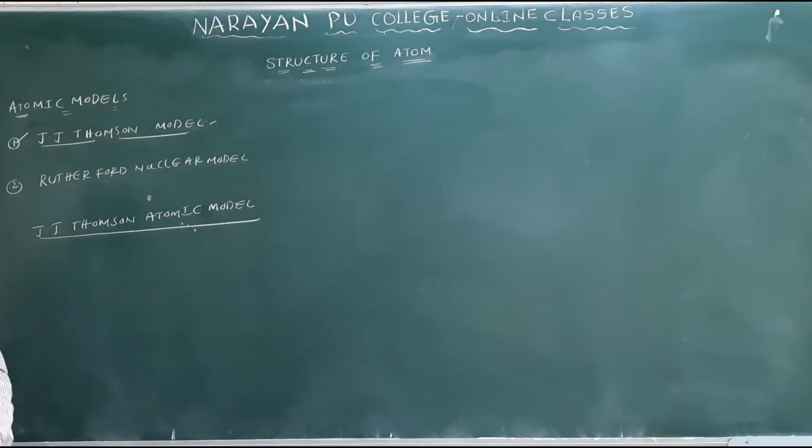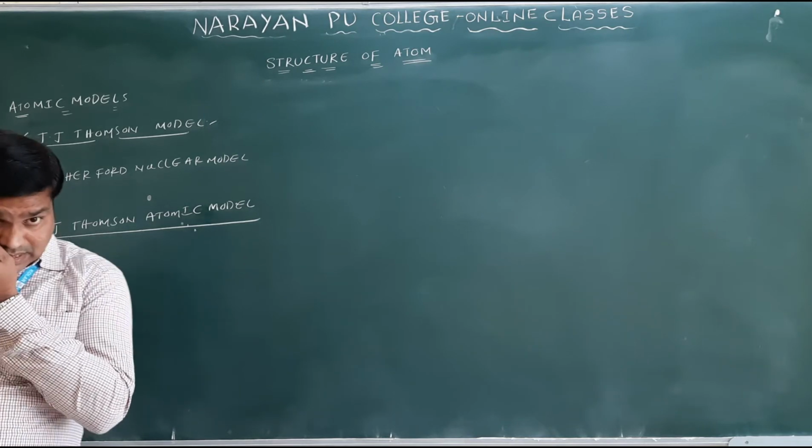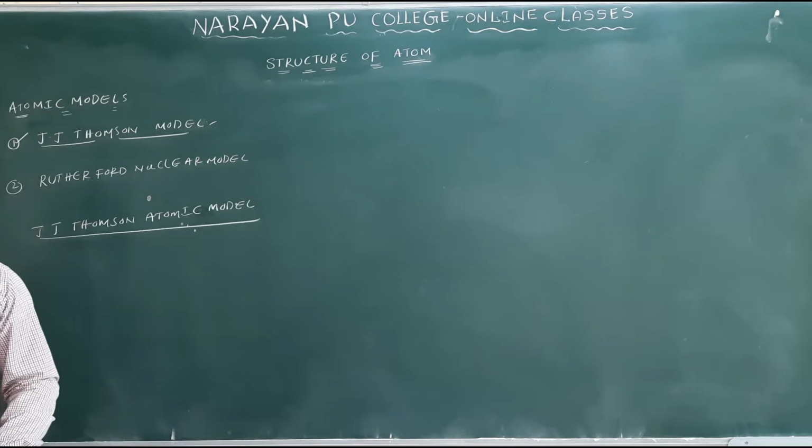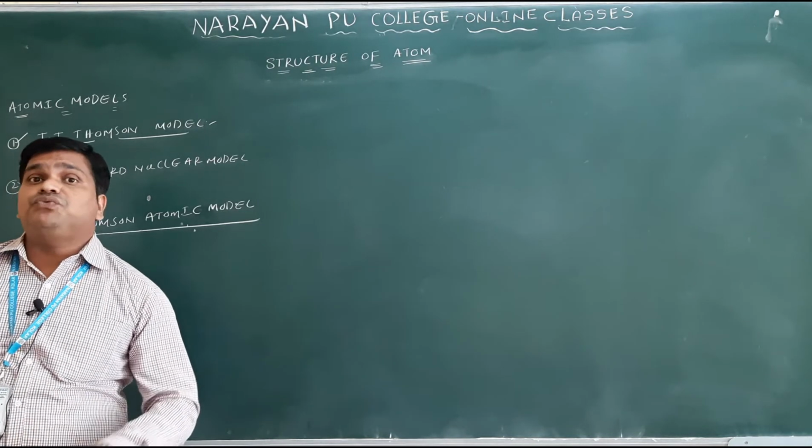So the J.J. Thomson atomic model mainly tells that the atom possesses a spherical shape in which positive charge is uniformly distributed.